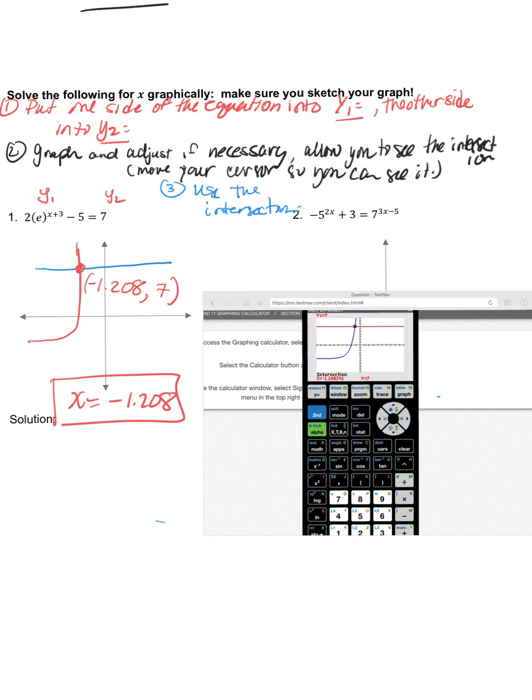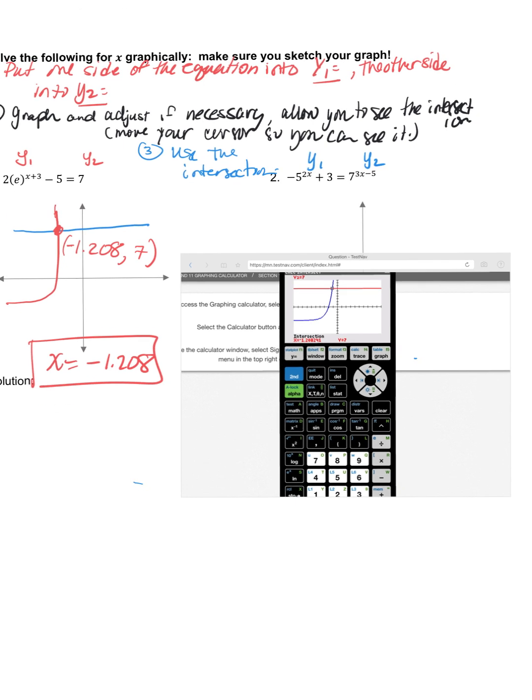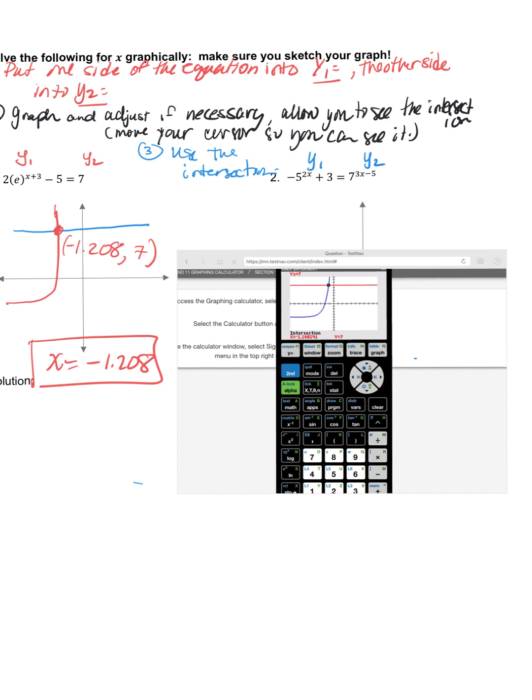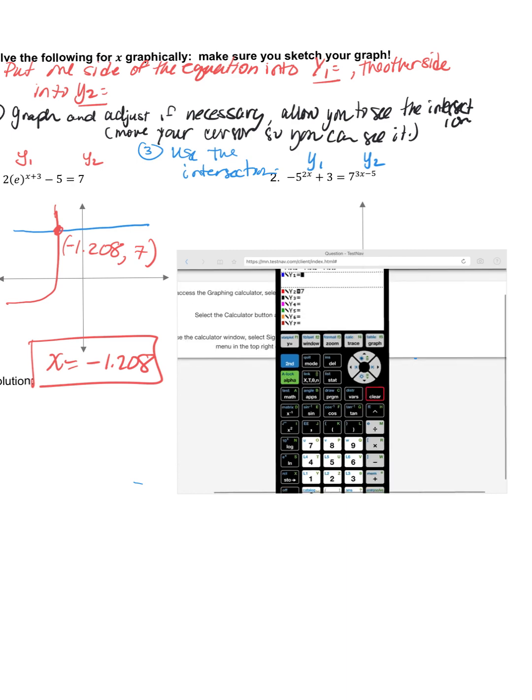All right, let's try the second one. We are going to put this one in y1 and this one in y2. All right, I'll go to my calculator. So go y equals. All right, so my first equation is negative, so that's not a minus for us. I mean, it's a negative, but not a minus.